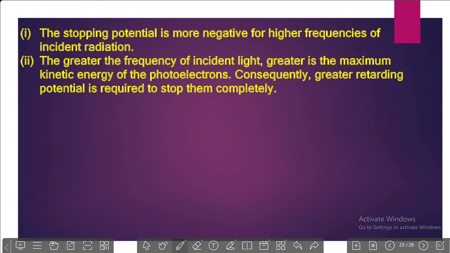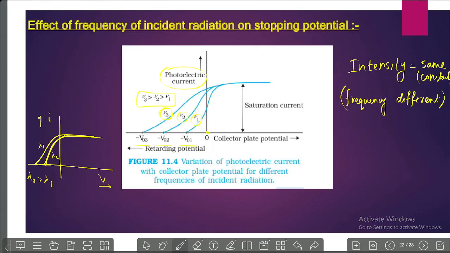Let's see on the next page. The conclusion is that the stopping potential is more negative for higher frequencies of incident radiation. Nu 3 is greater than nu 2, and the stopping potential corresponding to nu 3 is more negative than minus V naught 2.